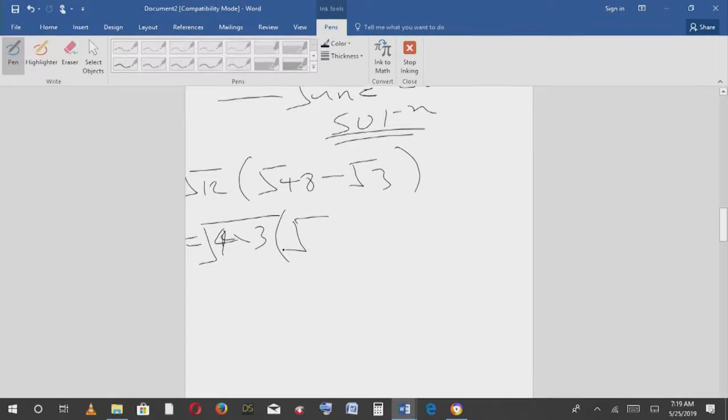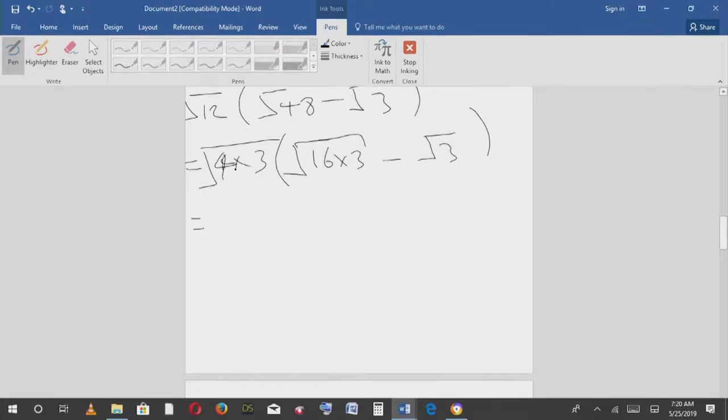The root of 48, we say 16 multiplied by 3 gives us 48, minus, of course, this is root 3. Bracket closes.